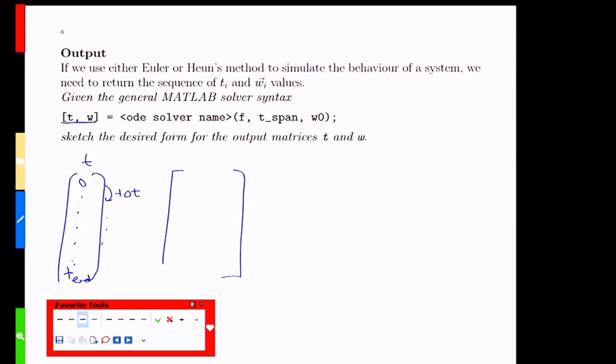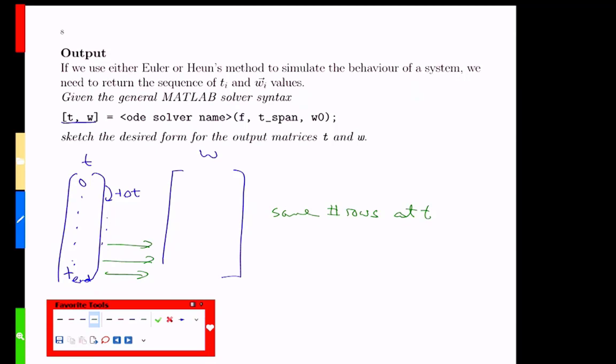How many columns should this w have when we're done? Number of elements in t, that'll be the number of rows. So this guy will have a one-to-one mapping row-wise, the same number of rows as t. That's perfect. How about columns, though?